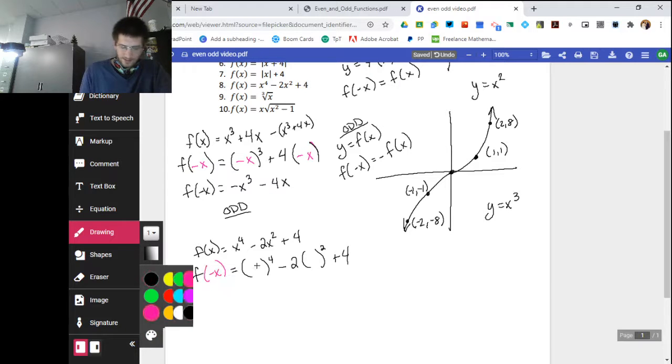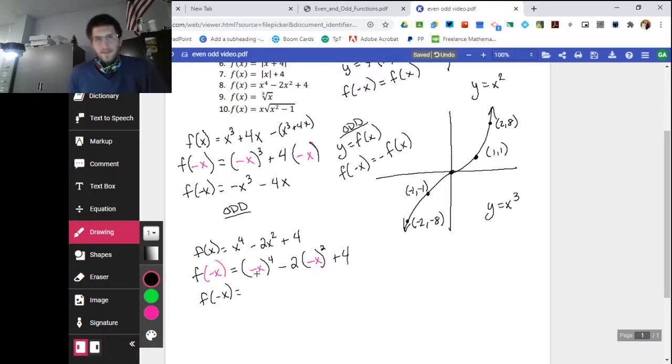I take all the x's out, and I put this negative x in. If I do that, I have f of negative x. Well, a negative number to the fourth is negative, negative, negative, negative, which with an even power would give me a positive value of x to the fourth. Negative x squared would also give me a positive x squared, so that would be negative 2x squared plus 4.